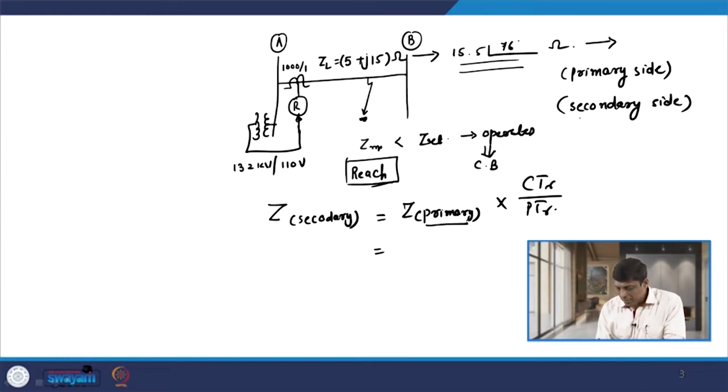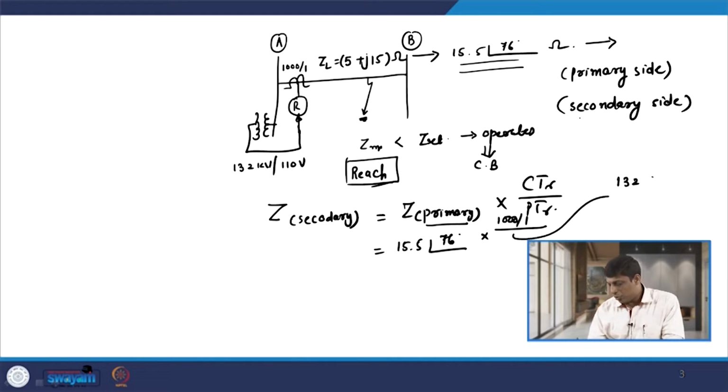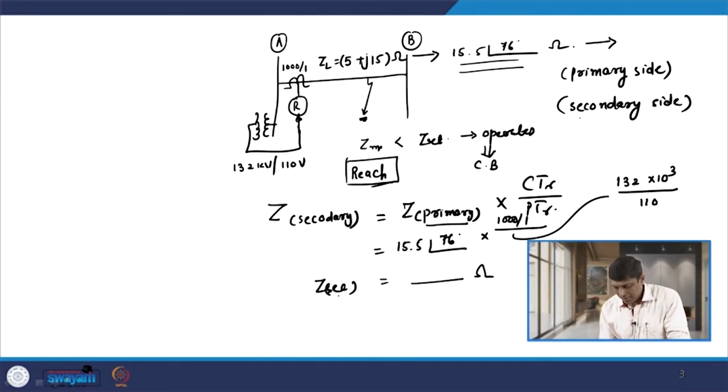This Z primary is the value 15.5 at an angle 76, into the CT ratio, that is 1000 by 1, and the whole divided by the PT ratio, that is 132 into 10 raised to 3 divided by 110 volt. Whatever final value comes is also in ohm, but this is the secondary value that is seen by the distance relay R.